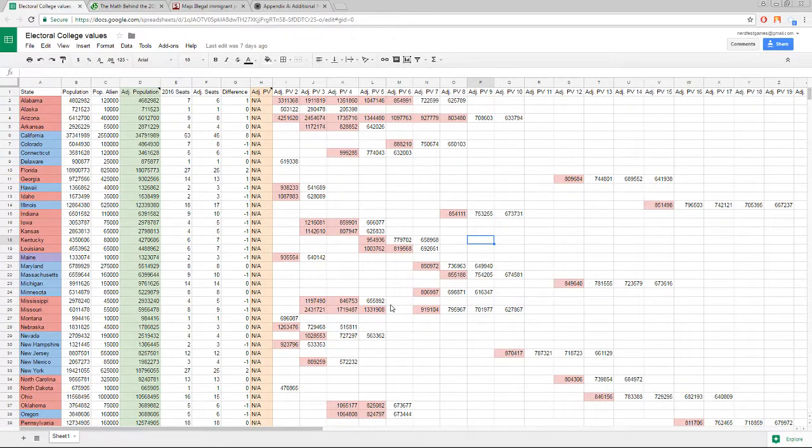Usually it's popular vote by state, but sometimes, in Maine and Nebraska, it's by district.